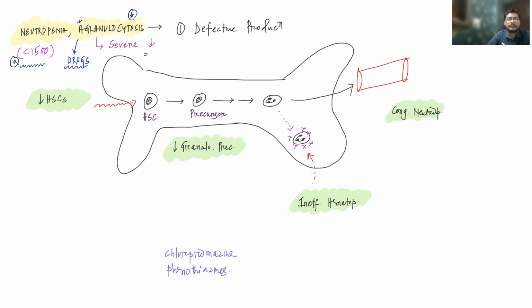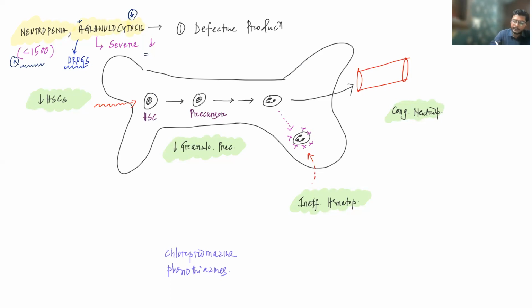Most of the time, agranulocytosis happens because of drugs, especially cytotoxic chemotherapeutic drugs, which predispose to life-threatening infections. So what are the causes of neutropenia?